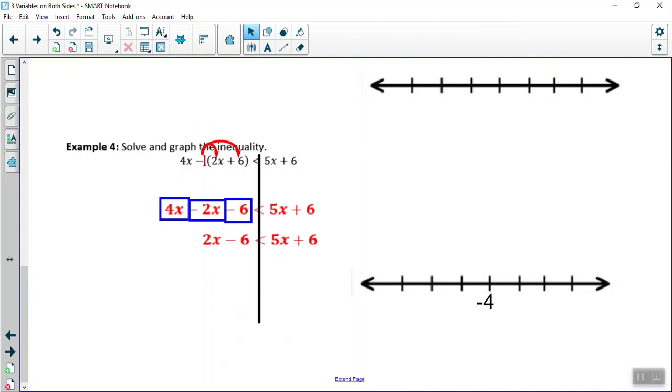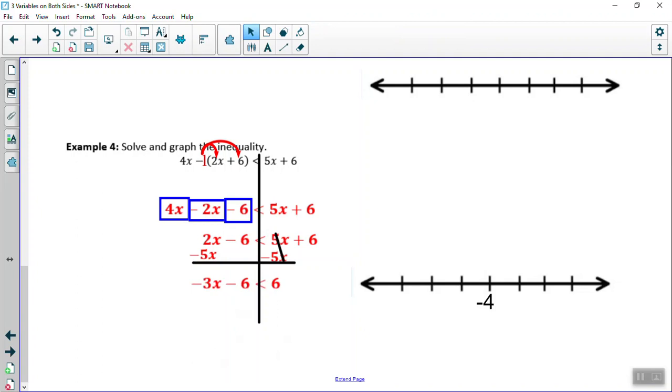Now I can work on solving. I want to get this 5x over here with the 2x. I'm going to subtract 5x from both sides. And these cancel out. And now we're left with negative 3x minus 6 is less than 6. Now I want to isolate my x term.